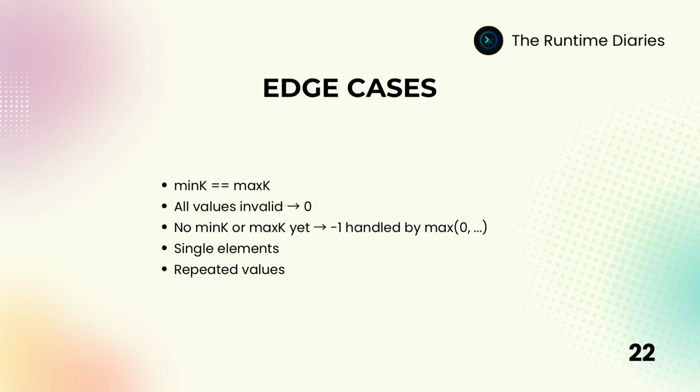The max of 0 and formula wrapper ensures we return 0 instead of a negative count. Single element arrays work fine: if that element is both minK and maxK, and minK equals maxK, it's valid. Multiple repeats of minK or maxK are handled naturally by updating last_min and last_max as we go. The formula gracefully handles all of these cases without special conditional logic.